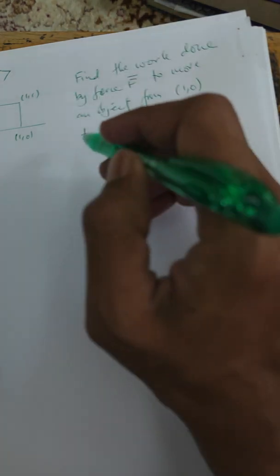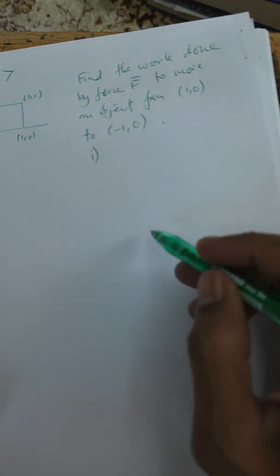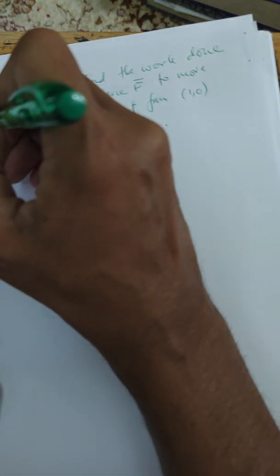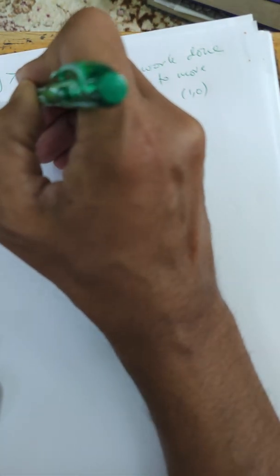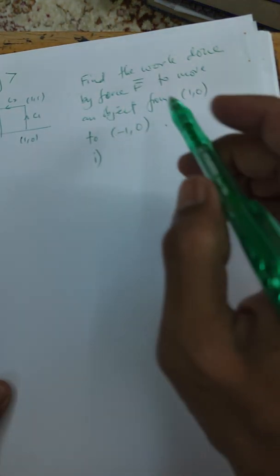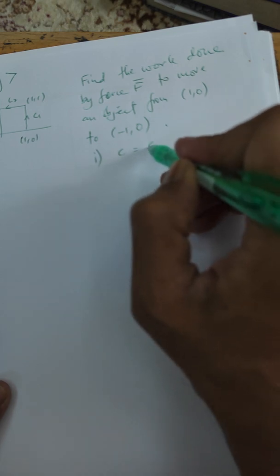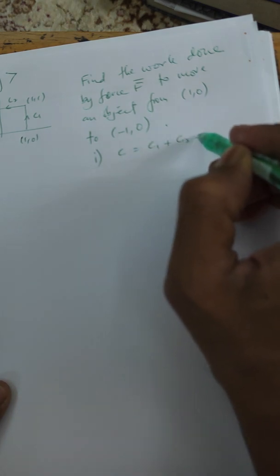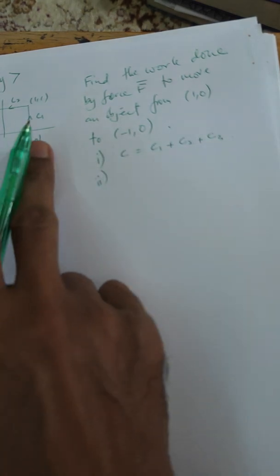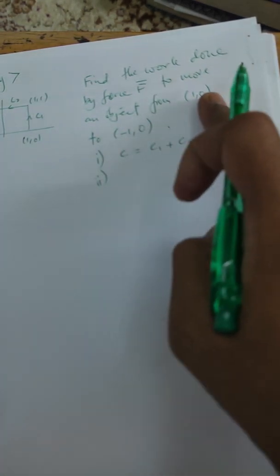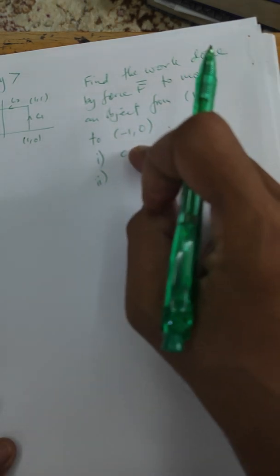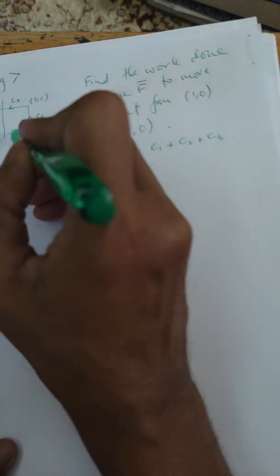Where for the first case you need to consider that as C1, C2, C3. So for the case C, we want to consider C1, C2, C3, whereas for the second case, try to evaluate the same location, from (1, 0) to (minus 1, 0), but using a straight line.